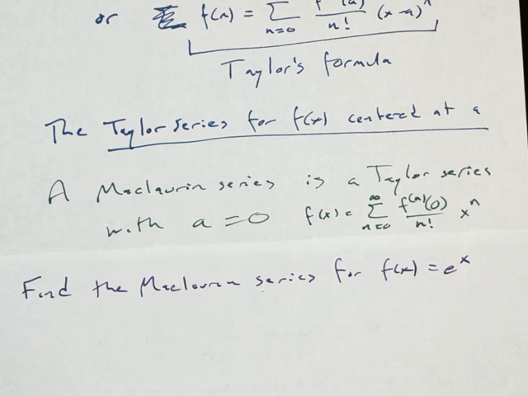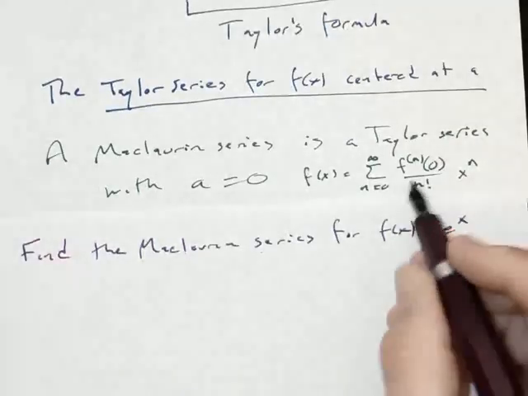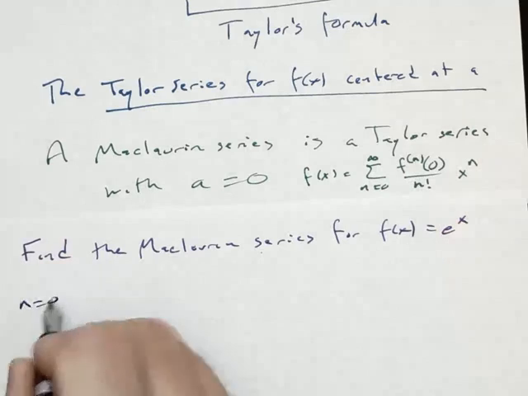I'm going to take the derivative of e to the x over and over and over, and I'm going to plug in 0 every time. But I need to keep track of the order, I need to keep track of the n.